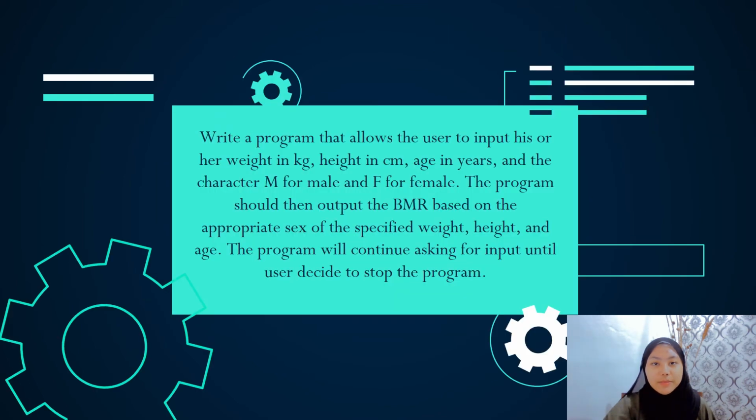We must write a program that allows the user to input his or her weight in kilograms, height in centimeters, age in years, and the character M for male and F for female. The program should then output the BMR based on the appropriate sex for the specified weight, height, and age. The program will continue asking for input until the user decides to stop the program.